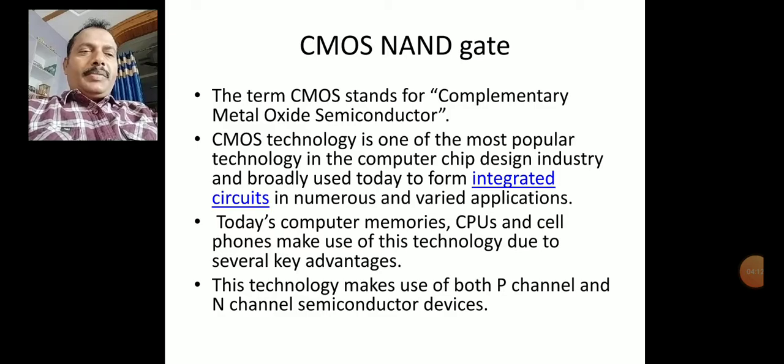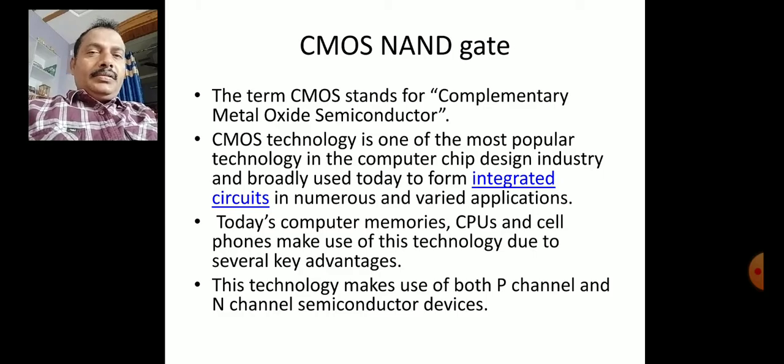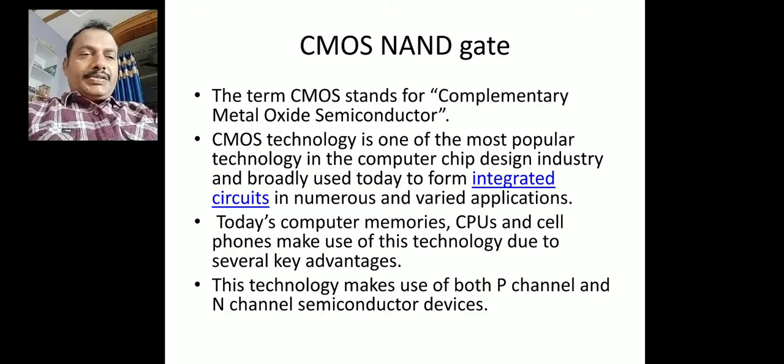Today's computer memories, CPUs, and cell phones make use of this technology due to several key advantages. Memory design is mostly done with CMOS transistors.